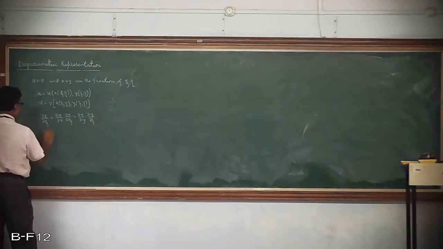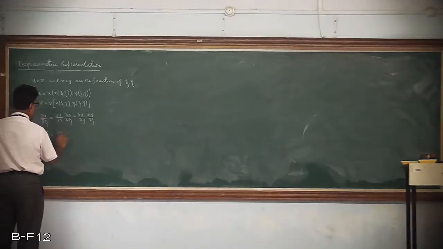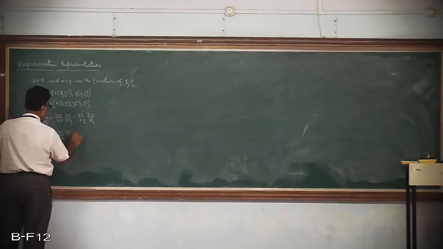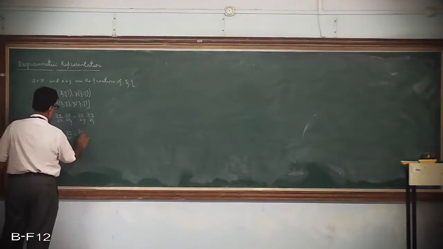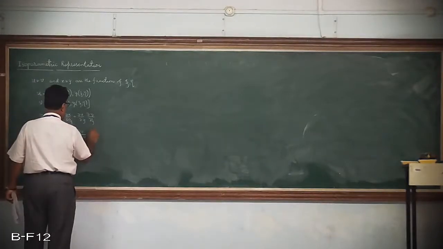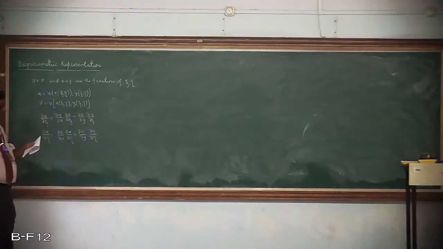Similarly, dou u by dou eta is dou u by dou x into dou x by dou eta plus dou u by dou y into dou y by dou eta. So this is how you can write it.